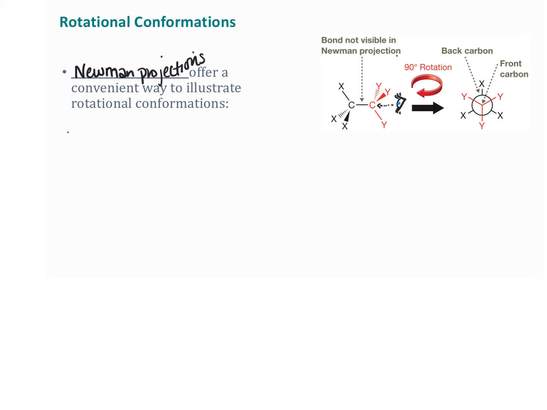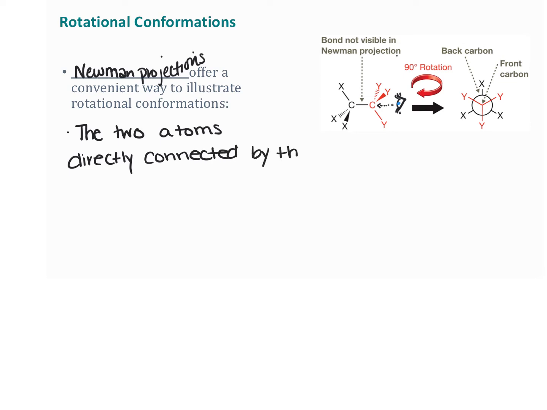The two atoms directly connected by the bond of interest are shown explicitly.